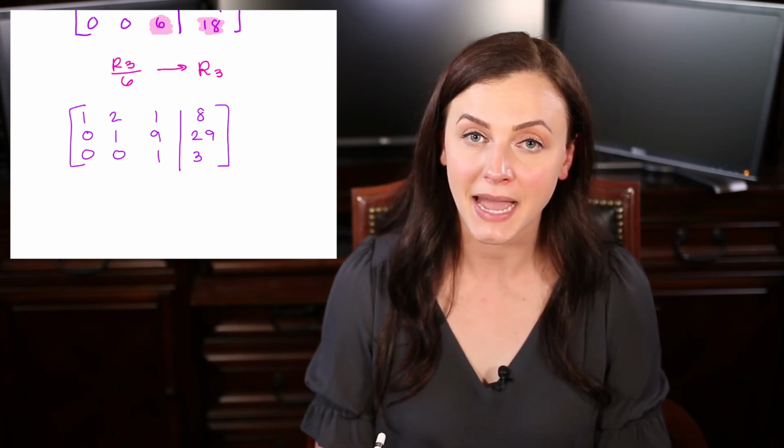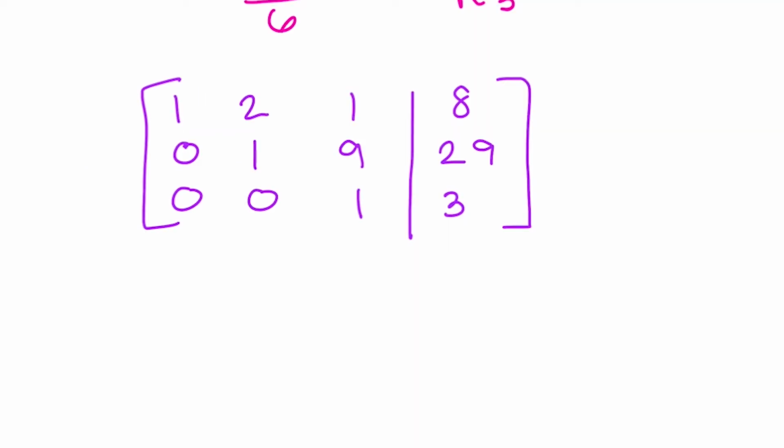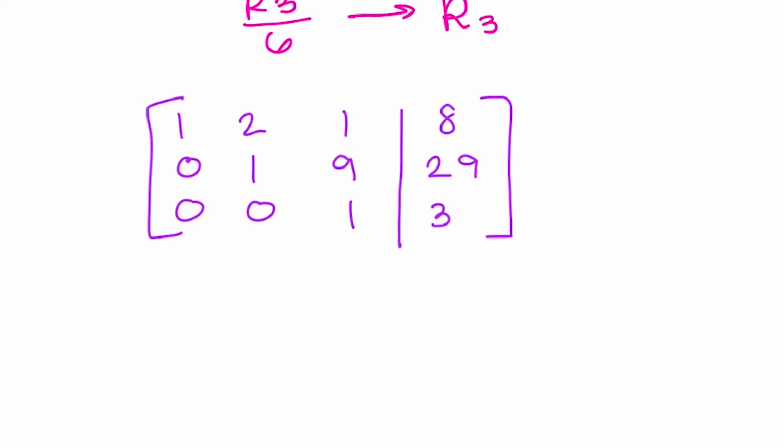Now it is just back substitution. What that means is if we start with this row 3, what this is really saying is we have 0 times x plus 0 times y plus 1 times z, and that equals 3. So that last row gives you your answer for z.